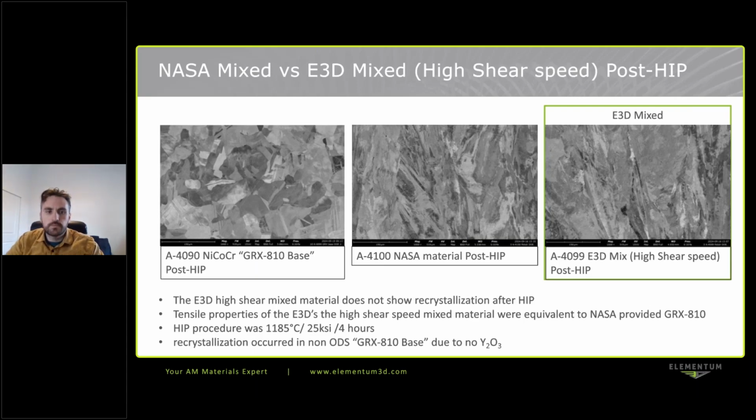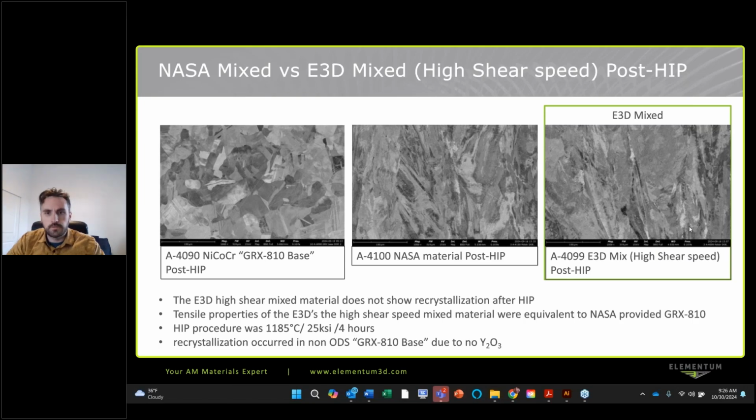And with some more microstructures that we're showing here, on the left side is what an uninoculated GRX-810 would be, without yttria. After HIP, you get a lot of recrystallization. You add the Y2O3, from what NASA did in the middle, and you keep those grains nice and refined.